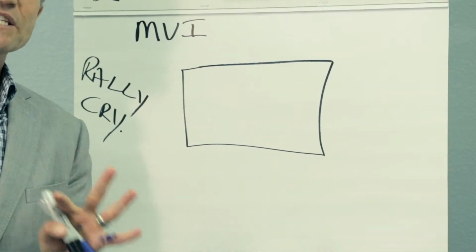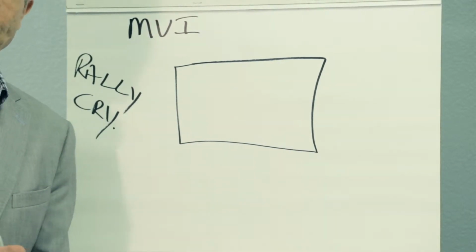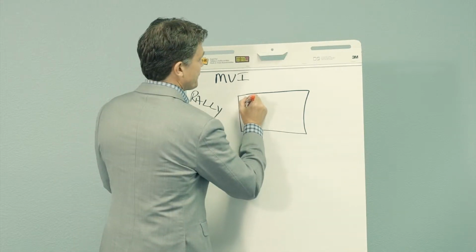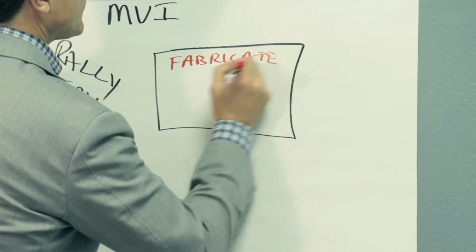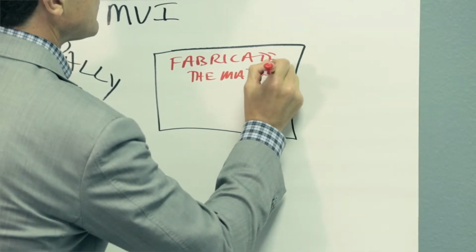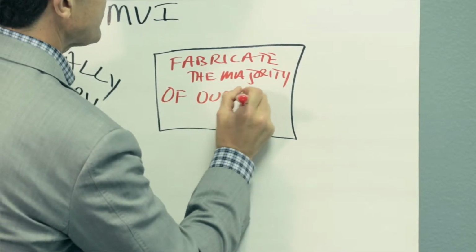Let me give you an example from one of the discussions that I've had with one of my clients in the past. They decided that their rally cry was going to be this: fabricate the majority of our steel.